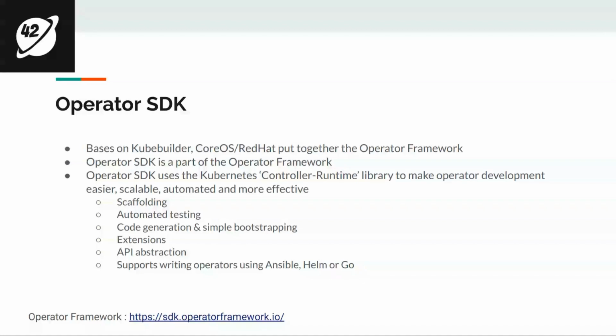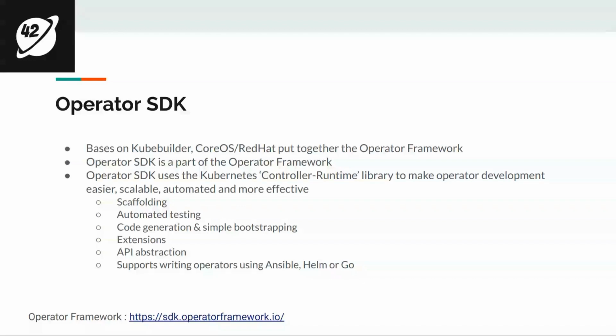And take care of some rudimentary stuff which you otherwise as a developer would probably prefer not to do, right? So scaffolding, creating automated unit test cases, a lot of code generation, bootstrapping, a way to run your operator locally while connecting to a remote Kubernetes cluster for testing purposes.